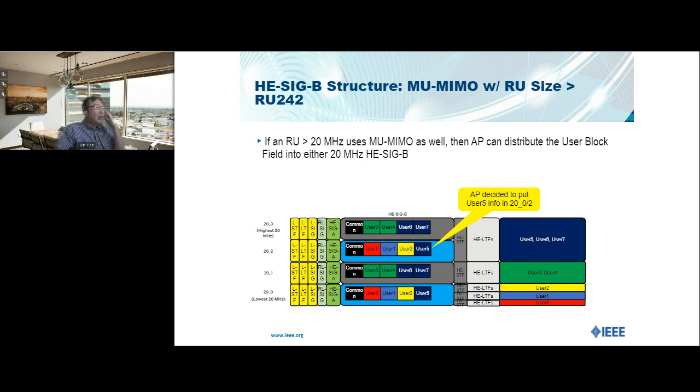Then for content channel 2, which is carried in 20-1 and 20-3, I put user 6 there. So that the number of users is roughly assigned the same. This we call load balancing, to minimize overhead. In other words, for large RU, you can distribute it over the two content channels.